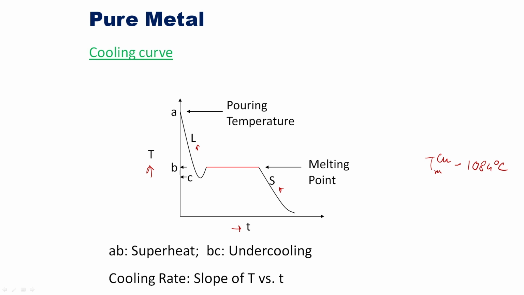That is why the liquid needs to be cooled below the melting temperature, and that is what is known as undercooling. You can clearly see BC corresponds to undercooling, and AB, above the melting temperature, is called superheating. Once you undercool, you provide the system some energy, and with that the system gets some driving force to transform from liquid to solid.